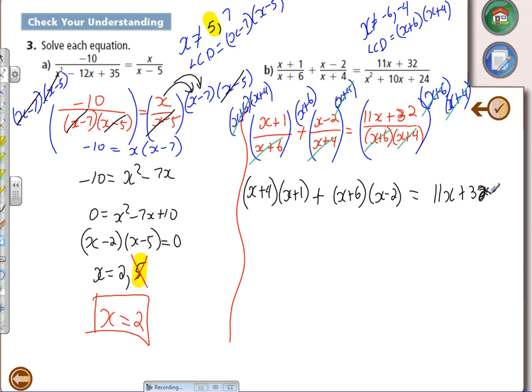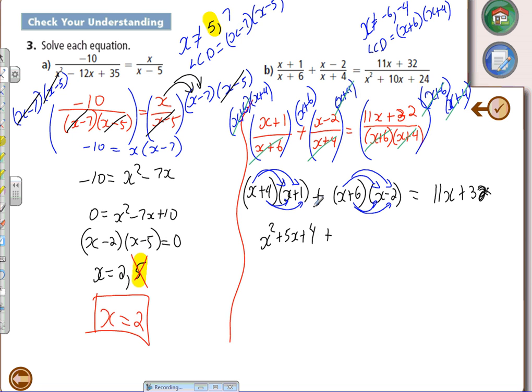And now expand. Collect your like terms, factor. And we get x squared plus 5x plus 4.